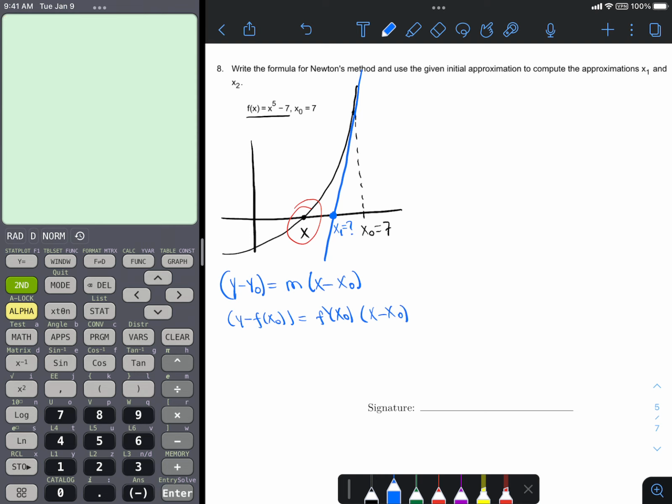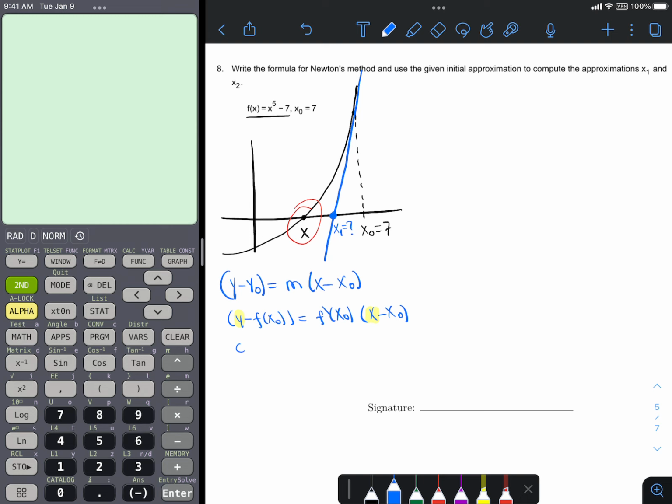And I'm looking for a point that has y equals 0. I'm looking for this point. So this guy would be my x1. This is what I'm trying to find, but this point does have y equals 0.